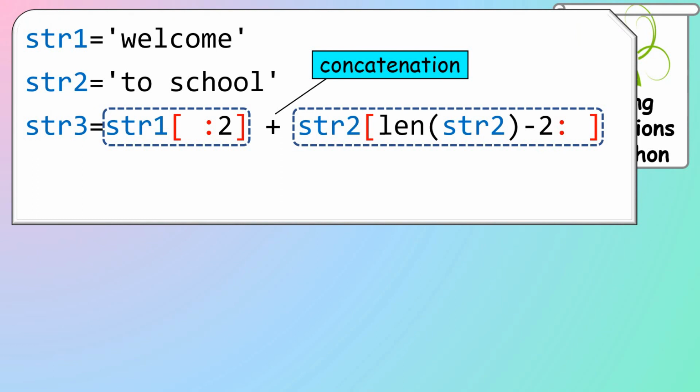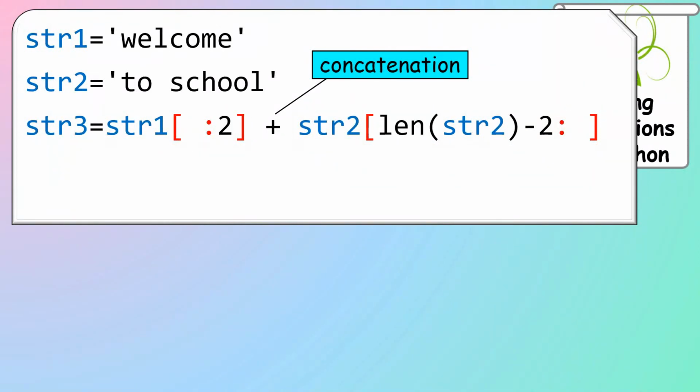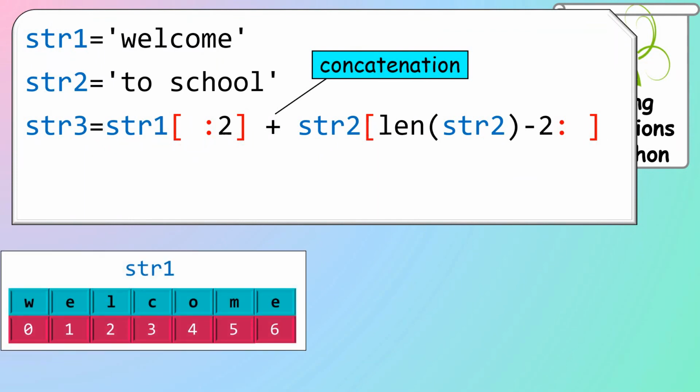So to calculate the value of str3, I have to calculate the 2 operands. First I will calculate str1 square bracket colon 2. For that you take the string str1 and look at the indexes of this string welcome.